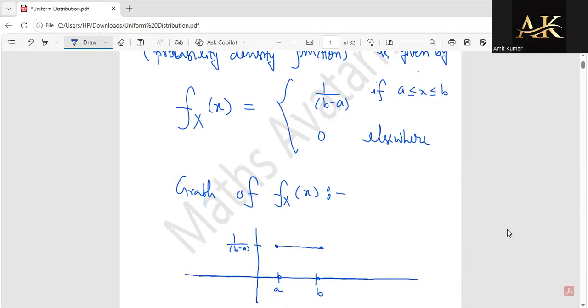So this is the graph of the probability density function for uniform distribution.